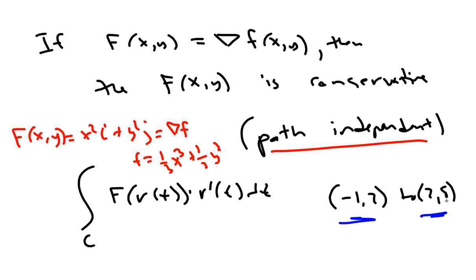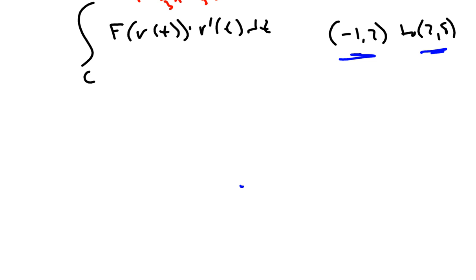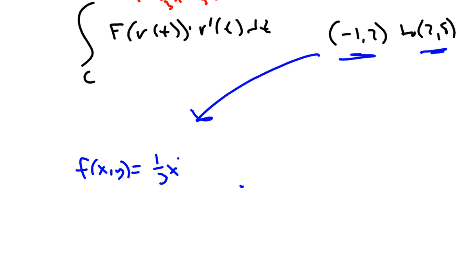And so what you can do in this case is speed things up quite a bit. You take these two endpoints and evaluate that scalar function. So f of x comma y is 1/3 x cubed plus 1/3 y cubed.